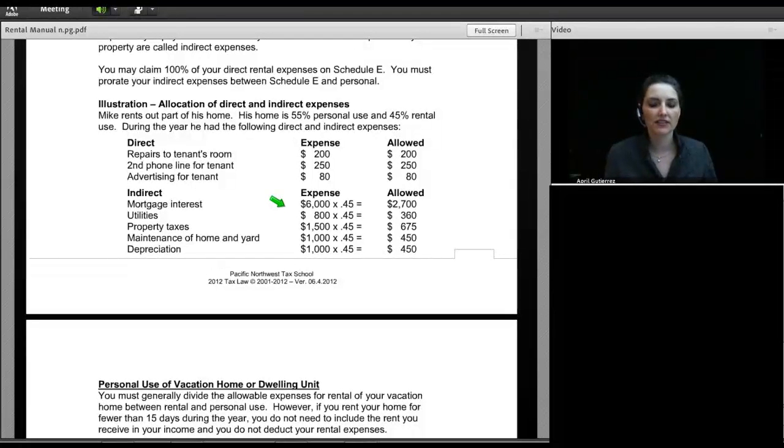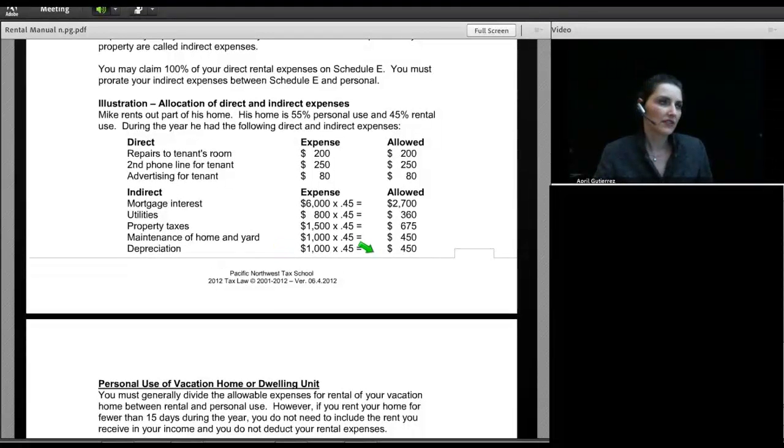So if the mortgage interest costs $6,000, $2,700 carries to the Schedule E. For utilities, if the utilities for the whole house cost $800, 45% or $360 would carry to the Schedule E. Property taxes, assuming those cost $1,500, 45% would carry to the Schedule E, so you would enter $675 on Schedule E. Maintenance of the home and yard, let's say that was $1,000, $450 would carry to the Schedule E. And assuming you are claiming depreciation on the home, because we all know that depreciation is mandatory, you would be carrying depreciation based on rental use as well, 45% in this case, $1,000.